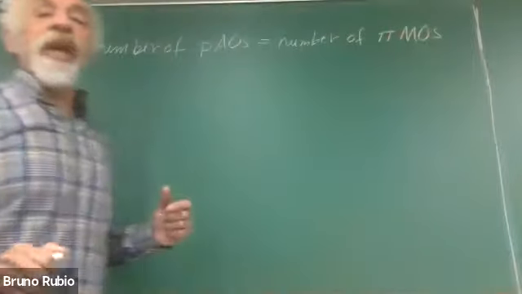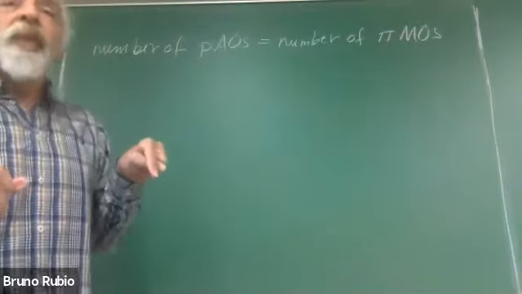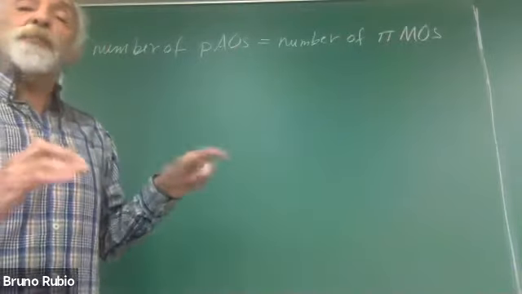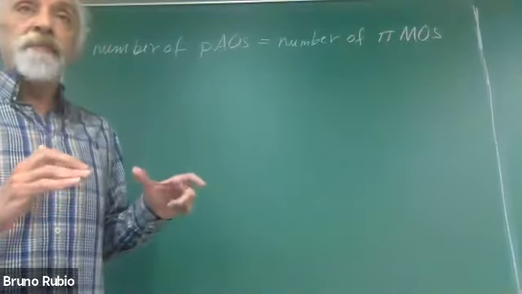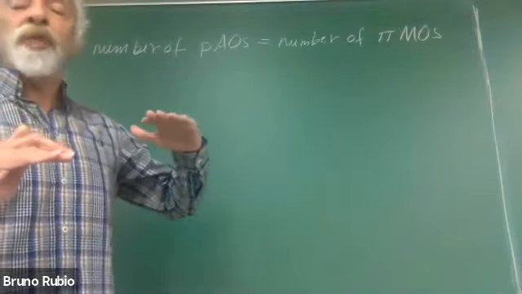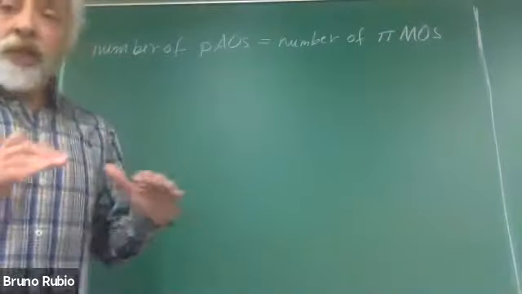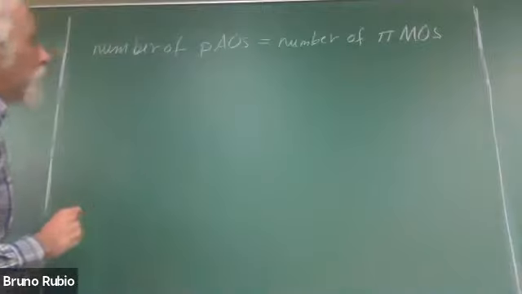In benzene, we have 6 p orbitals, one on each carbon. And so we expect 6 pi molecular orbitals. And they differ one from the other in terms of the number of nodes each has. And that is also the difference in their energy.